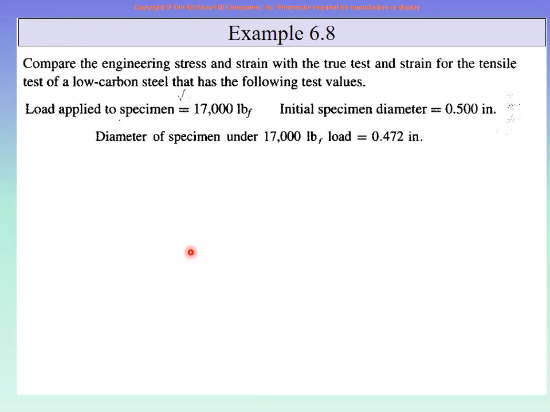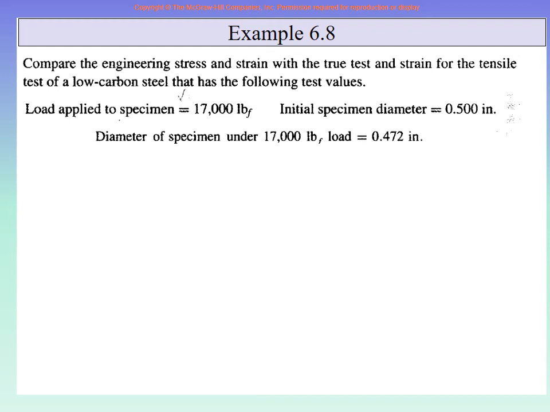Now divide it and break it into two parts. Li upon L naught minus L naught upon L naught. So it is Li upon L naught minus 1. The engineering strain now is Li upon L naught minus 1.